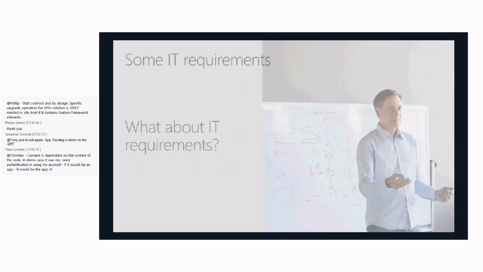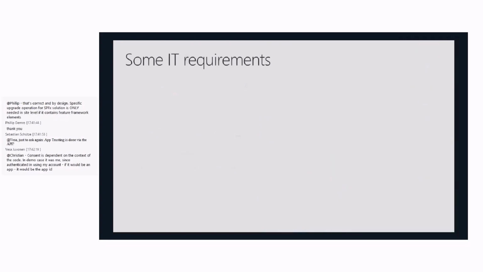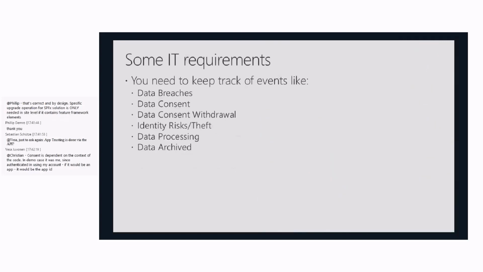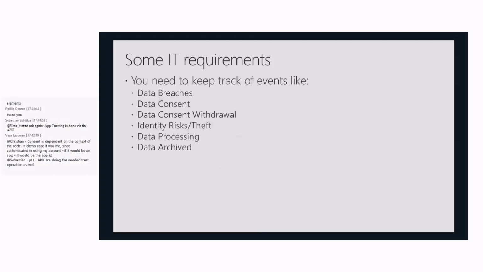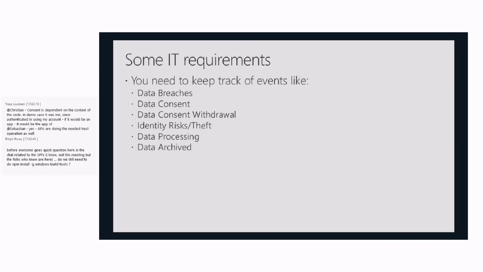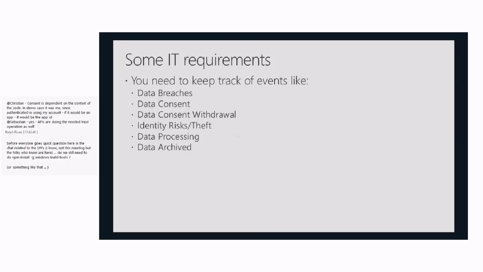And just to give you an idea, for example, whenever you have to manage events like data breaches or data consent requests, so when someone living in the EU, a European citizen, will give you a consent to manage or process his data, you will have to keep track of all of these events, most likely in an IT service or software solution, and you will have to keep track of almost everything that happens around the personal data of a data subject living in the EU.